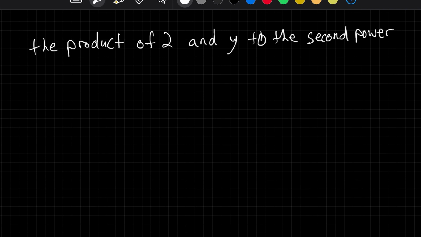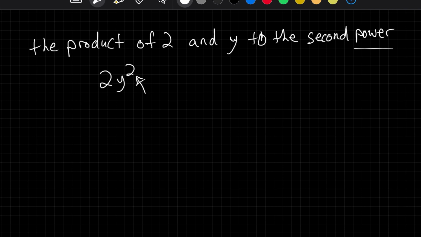So product of 2 and y, this would be 2 times y, and y is to the 2nd power. So if you see the word power, that's referring to the exponent. And 2 and y are multiplied against each other.